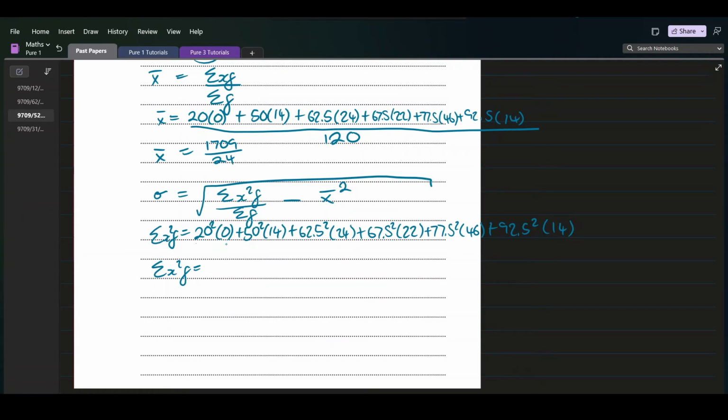So that's 20 squared times 0 plus 50 squared times 14 plus 62.5 squared times 24 plus 67.5 squared times 22 plus 77.5 squared times 46 plus 92.5 squared times 14, and this gives us 625,062.5. Now let's go back to our formula and substitute.